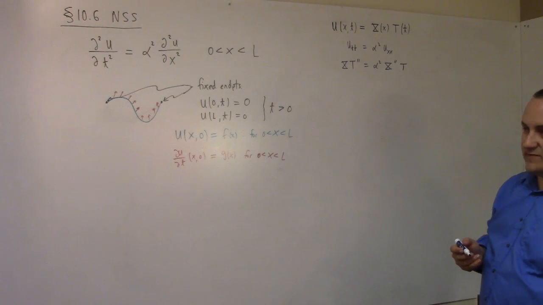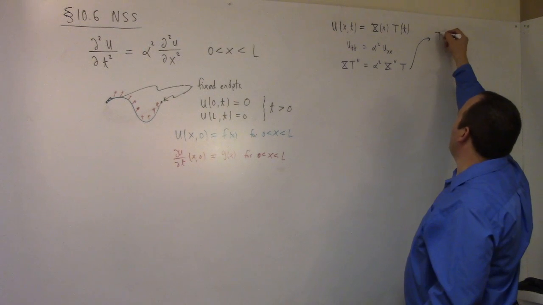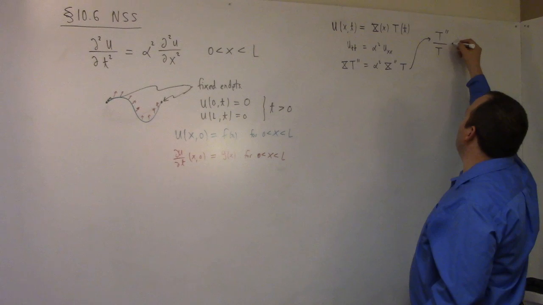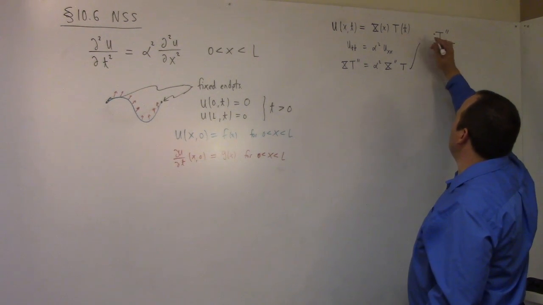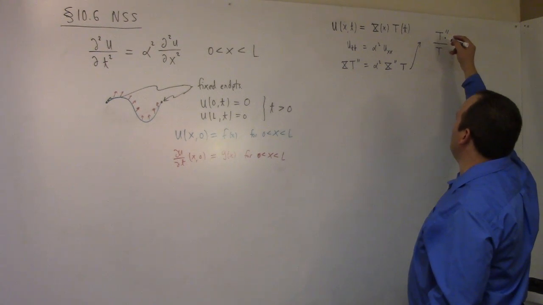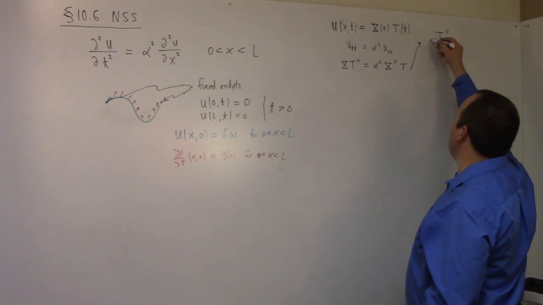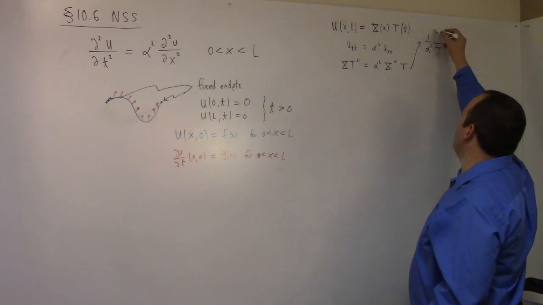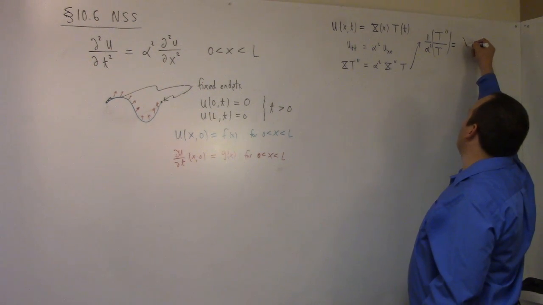Divide both sides, and you get T'' over T equals, I think it's easier for me to put the alpha squared over here, maybe. The easiest thing would be alpha squared equal to 1, but I'll resist the urge. I have to put it somewhere anyway. This is equal to X'' over X.